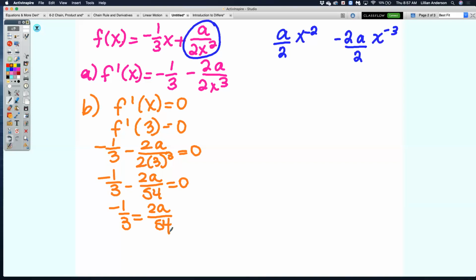And then you can cross multiply at this point. It's a show problem, so you're going to have to do the algebraic process. You can't plug it in to y1 and y2 and get a that way. You already know what it is. Cross multiply. That's negative 54 equals 6a. Divide both sides by 6. And that's how you get a is equal to negative 9.